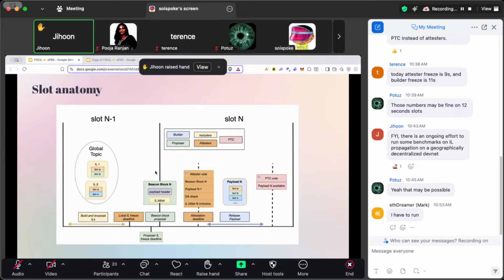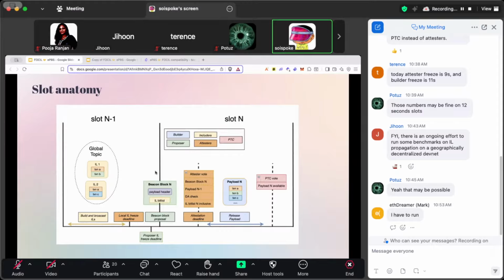I'm not sure if I just missed this, but my question is: is the full IL enforcement by attesters done based on the IL bitlist or their subjective IL view? So, no, it's based on their subjective IL view.